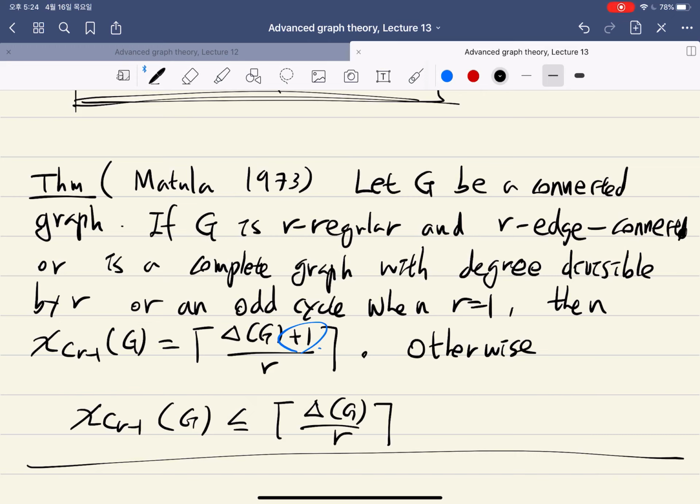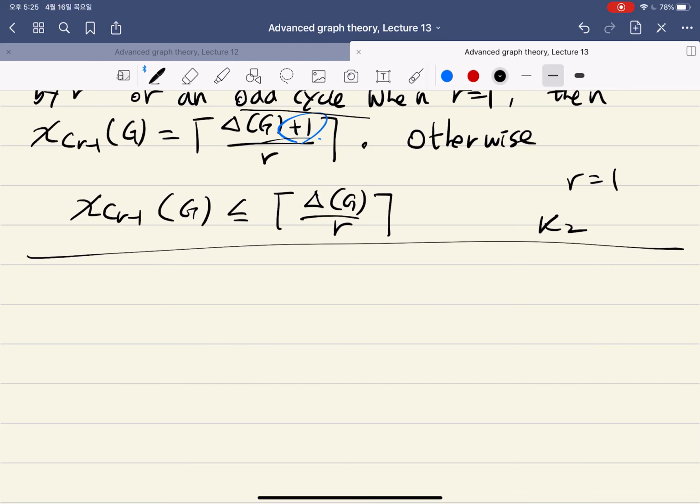For Brooks theorem, if you apply R equals 1, then a 1-regular 1-connected graph is K2, or a complete graph with any degree, or an odd cycle. So it's saying that for a complete graph or odd cycle it is delta plus 1, otherwise it's at most delta. And when R equals 1, you know that this is the same as the chromatic number.